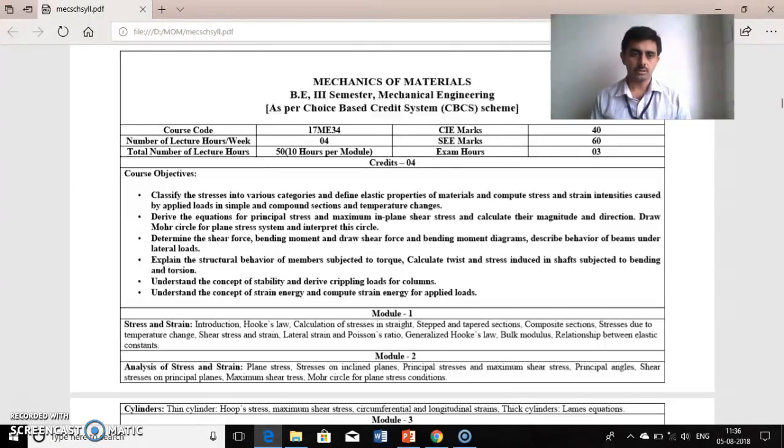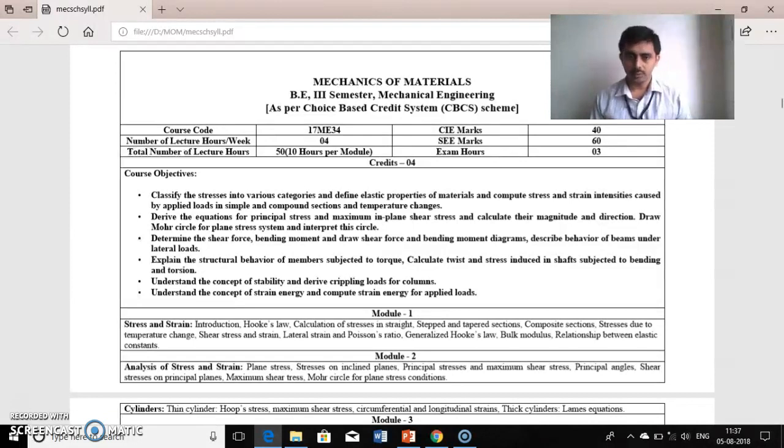Course outcomes. The student who is going through this syllabus will be able to learn the following objectives. Classify the stresses into various categories, define elastic properties of materials, and compute stress and strain intensities caused by applied loads in simple and compound sections as well as when temperature changes occur.